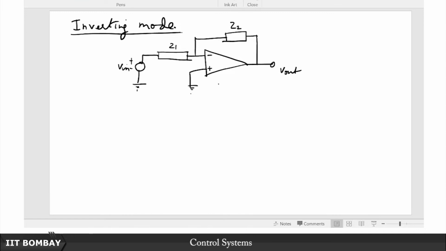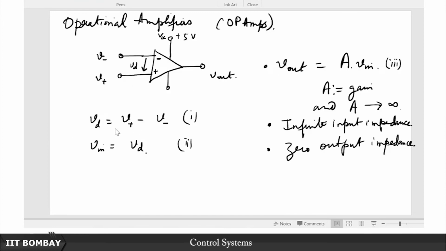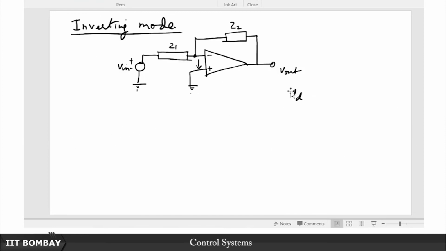Let's quickly write down the node equations here. What is the VD here for instance? Recall from here, VD is V plus minus V minus. So what is V plus? Since this terminal is grounded, this is nothing but 0.